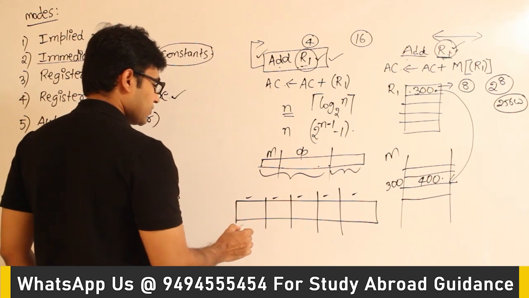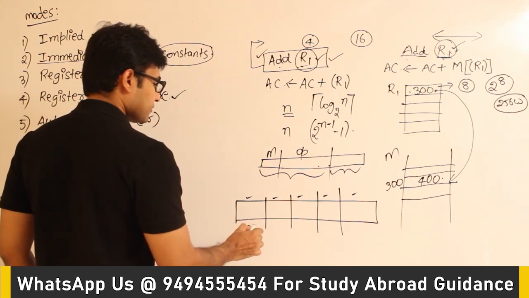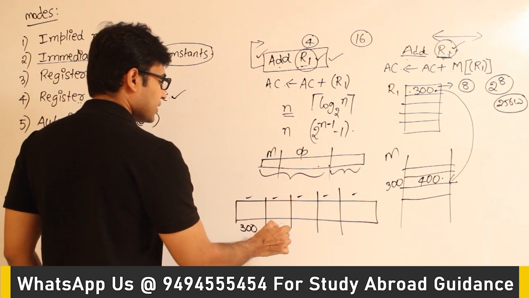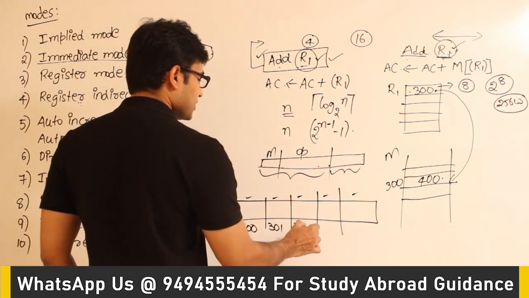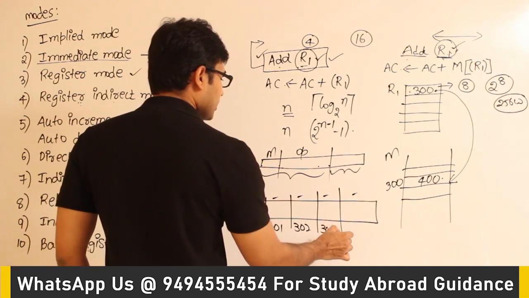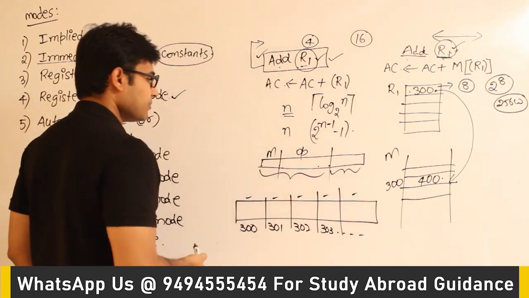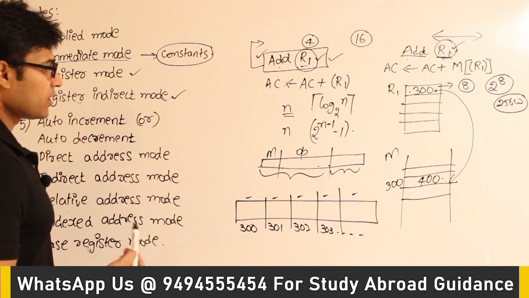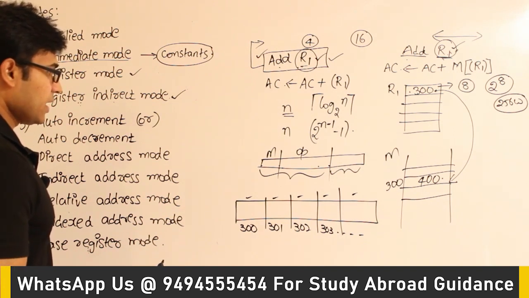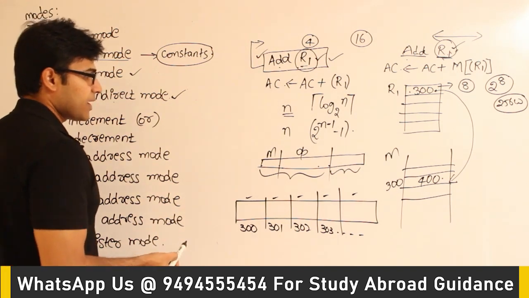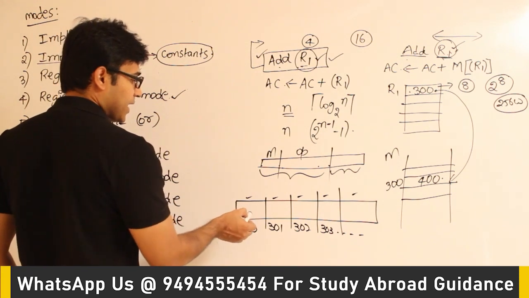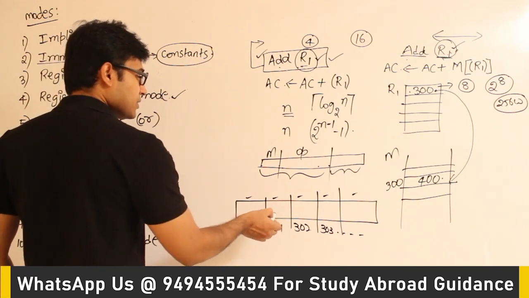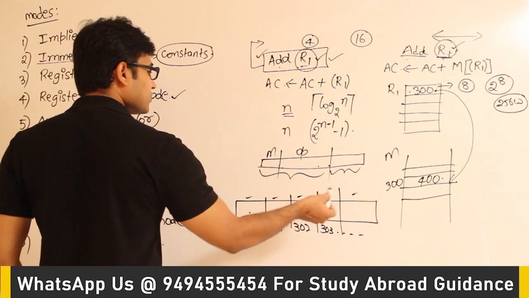Assume that the first value is present at 300, the second value at 301, the third at 302, 303, and so on. You can assume it as a simple array also, but in generic form we call it a table. Now assume that our program has to access this one first, then this one, then this one, and so on.